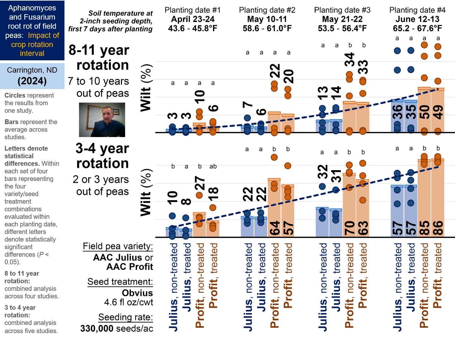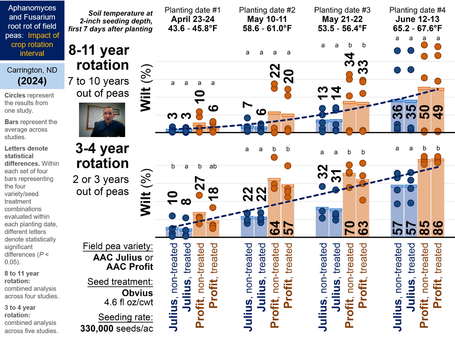If, on the other hand, you had a wide crop rotation interval, you could get away with planting the susceptible variety and still get a reasonably acceptable level of wilt. And as you look at that 8 to 11 year rotation, notice how that tolerant variety with the later planting date is working okay.